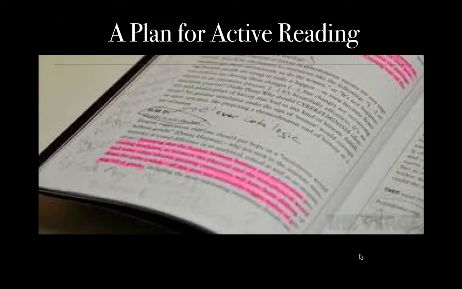So next, as we move to this chapter, a plan for active reading. I used to show a video to some of my students about active reading, and I use this analogy. Think about the books that you really like. When you start reading them, it's almost as if you can visualize in your mind as you're reading.